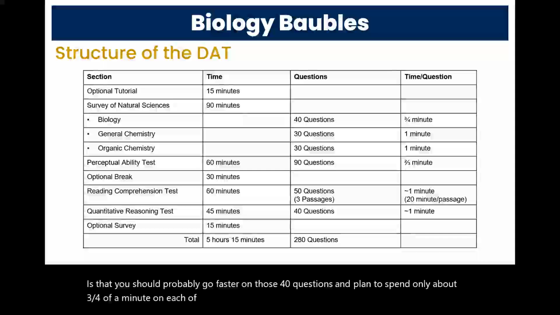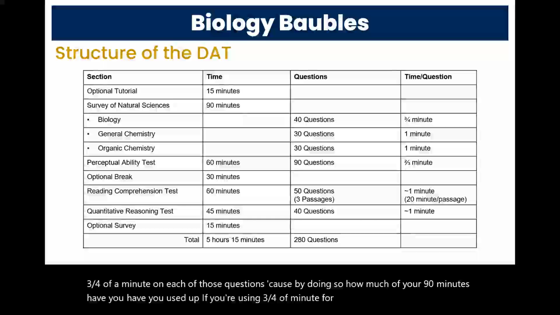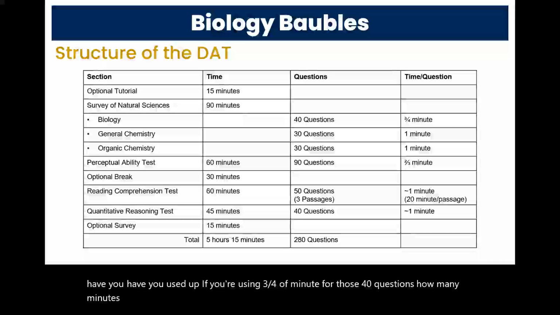Because by doing so, how much of your 90 minutes have you used up? If you're using 3/4 of a minute for those 40 questions, how many minutes does that take? Don't get out the calculator because you're not going to get to use one.